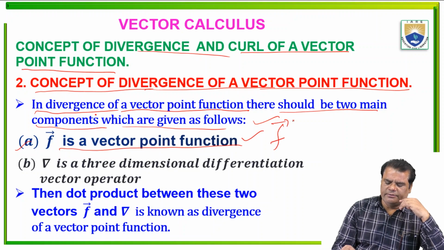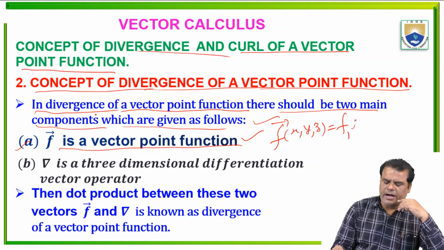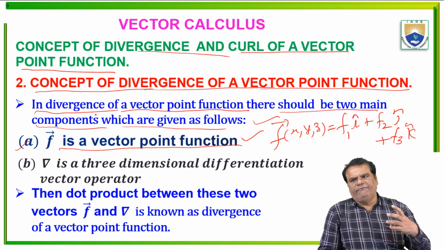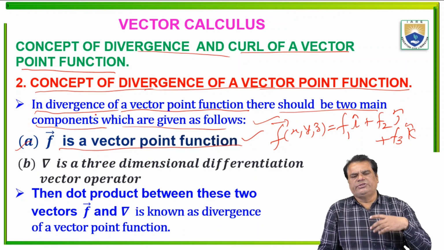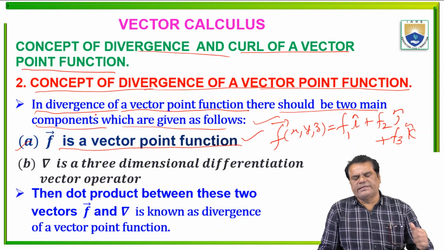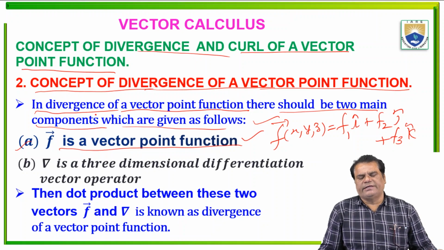F vector (x, y, z) equals f1 i plus f2 j plus f3 k. f1, f2, f3, these three are components of the function along the x-axis, y-axis and z-axis.